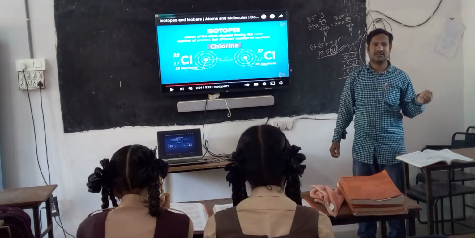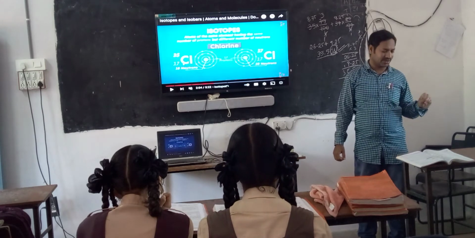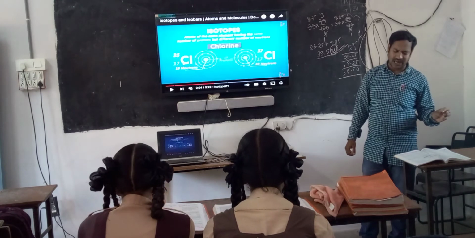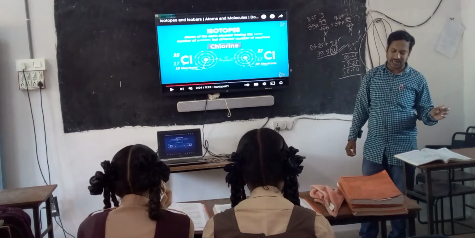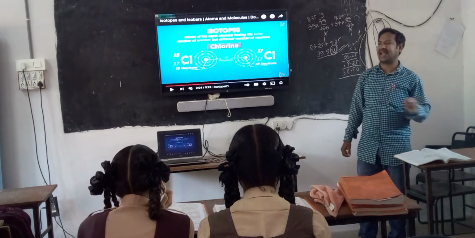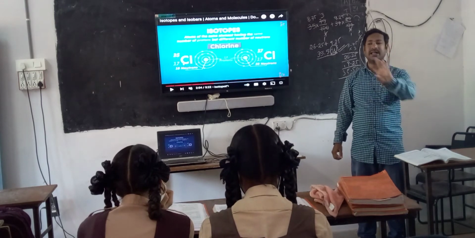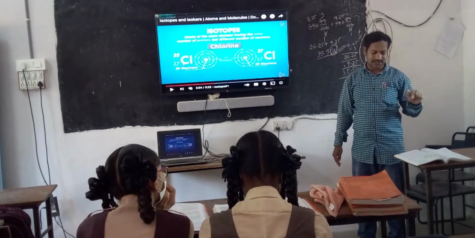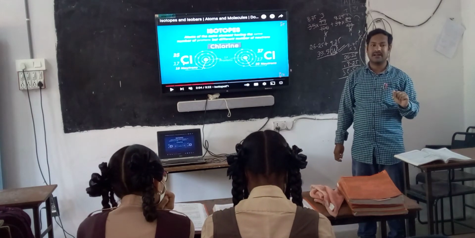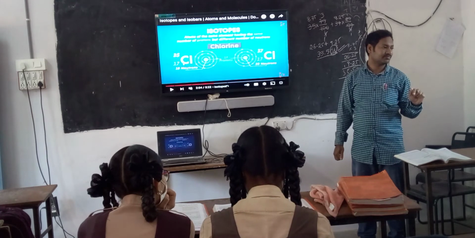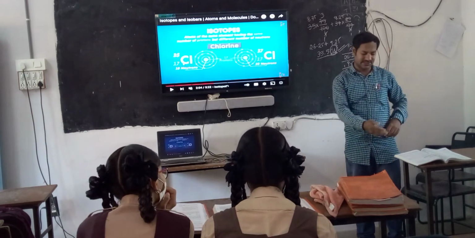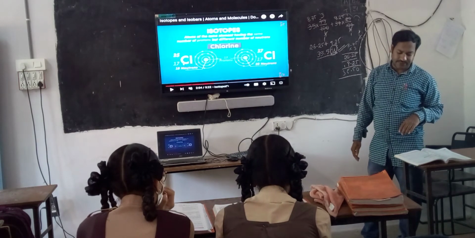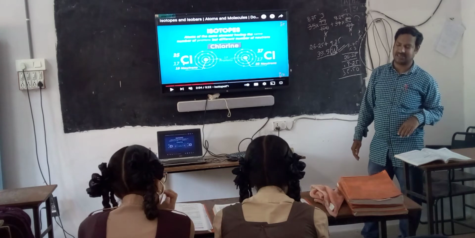Isotopes are commonly used in the laboratory to investigate the steps of chemical reactions. Isotopes of uranium are used as fuel in nuclear reactors.